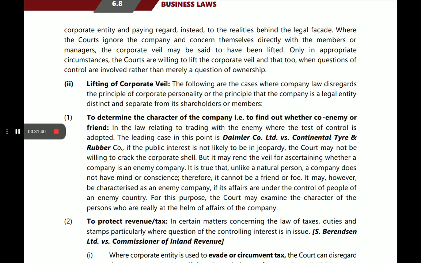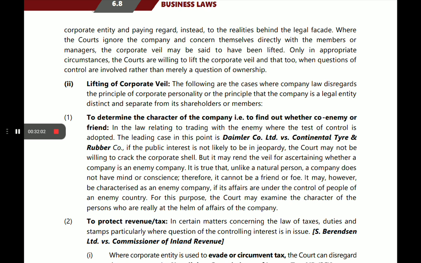To determine the character of the company, that is, to find out whether it is co-enemy or co-friend in the law relating to trading with the enemy, where the test of control is adopted.